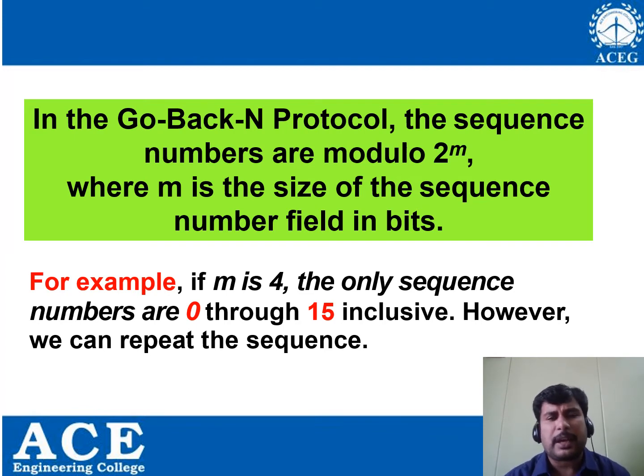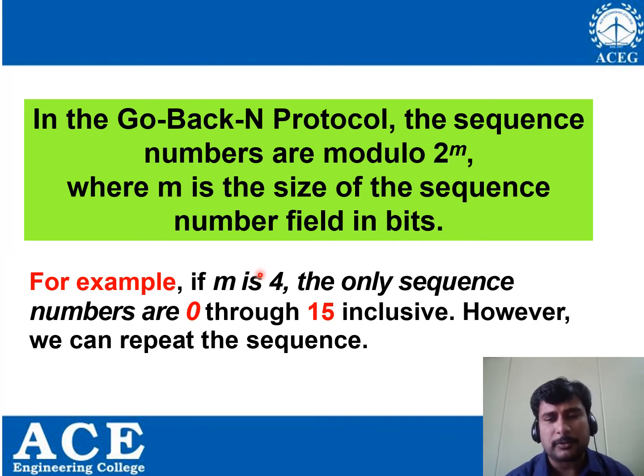So what do we mean by m here? m refers to the size of the sequence number field in bits. For instance, if I want to use a sequence number of 3 bit size, then m equals 3. So in total I will have 2 power 3, 8 combinations, which start from 0 and go up to 7.